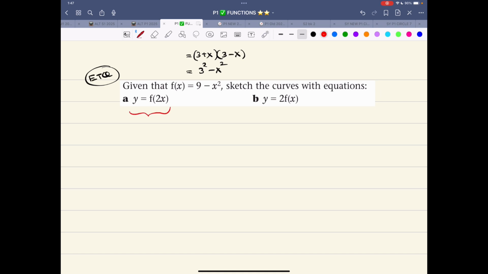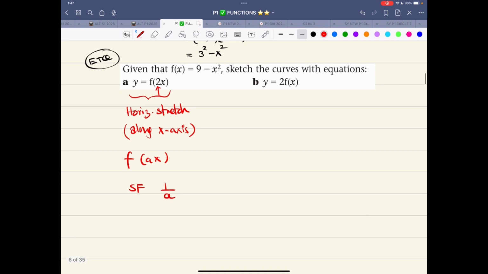First of all, let me write it. F of 2x, the coefficient of x is changed. Therefore, it's a horizontal stretch. That is the first thing. Second thing, I can write it's along x-axis. That is what horizontal means. And this is like f of ax, therefore the scale factor, the stretch factor is 1 over a. Over here, the 2 is on the outside. That means it's a vertical stretch.